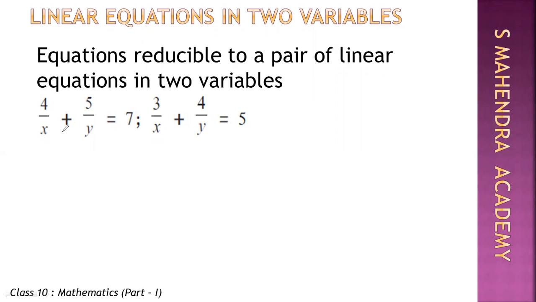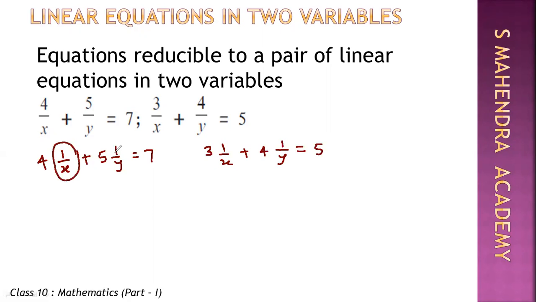Now, after observation, we can rewrite these equations like this: 4 into 1 upon x plus 5 into 1 upon y is equal to 7, and 3 into 1 upon x plus 4 into 1 upon y is equal to 5.